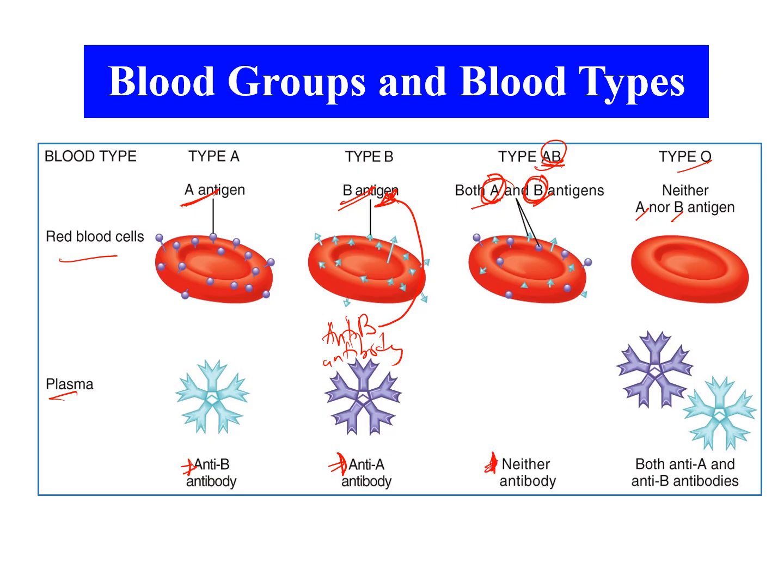But if you look at blood group O, because their red blood cell has neither antigen A nor antigen B, their plasma has both antibody A and antibody B. It's important that you understand that, because it helps in understanding how transfusion of blood happens.